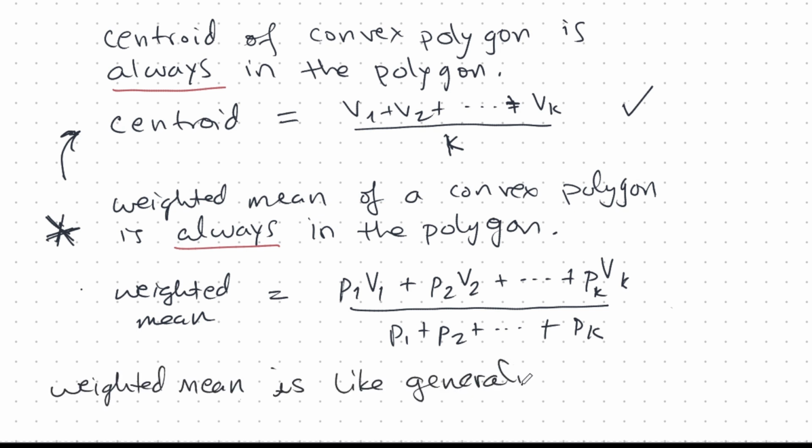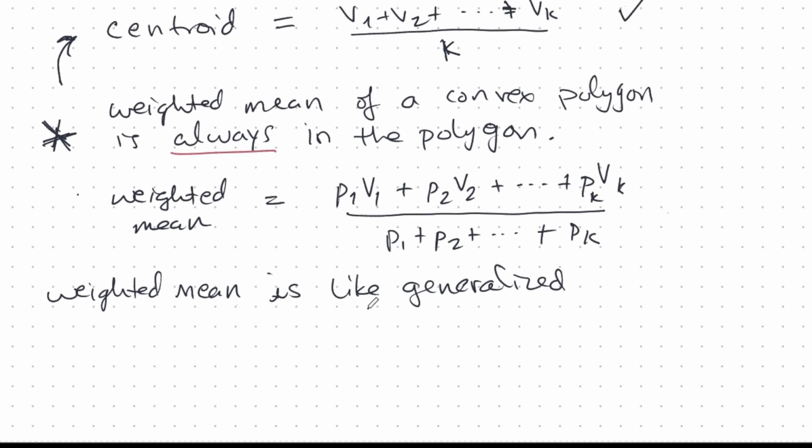So what the weighted mean really is, is like a generalized centroid where your vertices don't have the same mass. They have different weights. Okay, so it's the same thing as a centroid, but you've made it a little broader by allowing the weights to be different from 1.